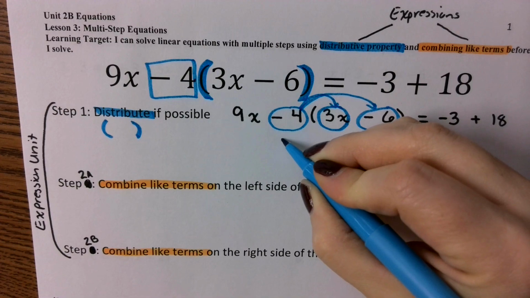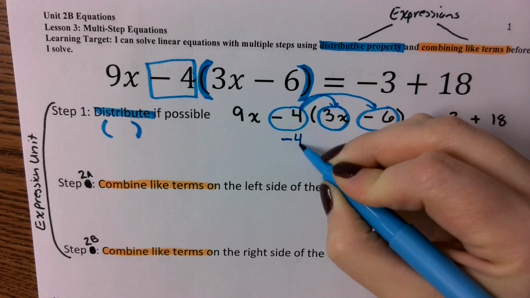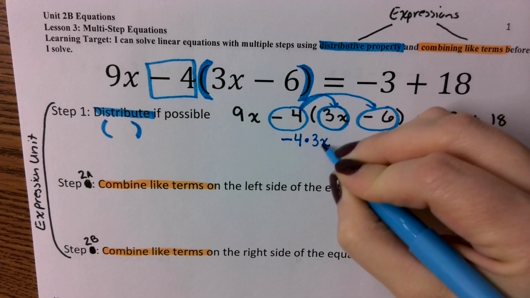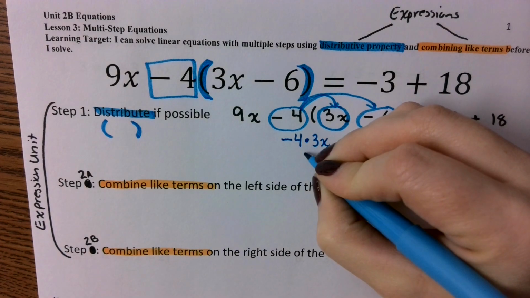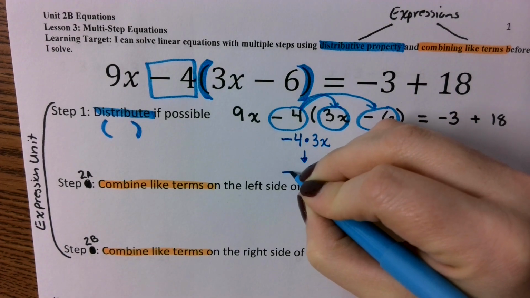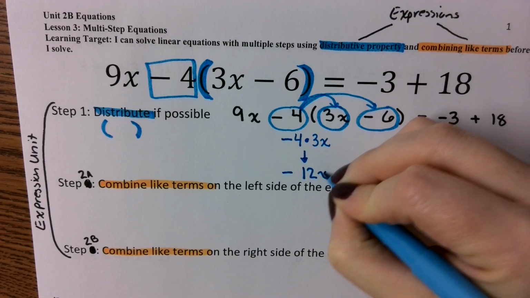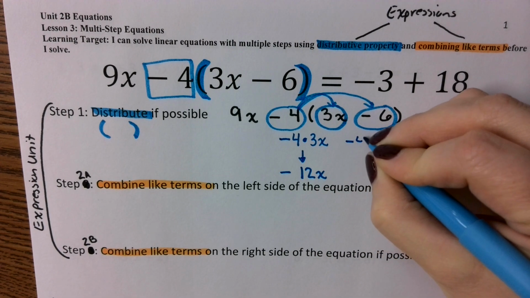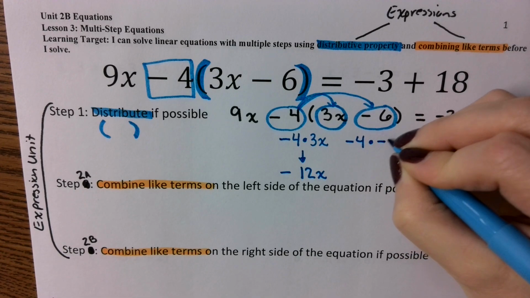And distributive property means that we're going to multiply. So we're going to take -4 and we're going to multiply it by 3x, which is going to give us -12x. And then we're also going to take -4 and we're going to multiply it by -6.